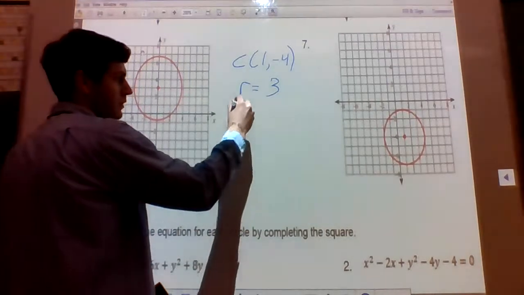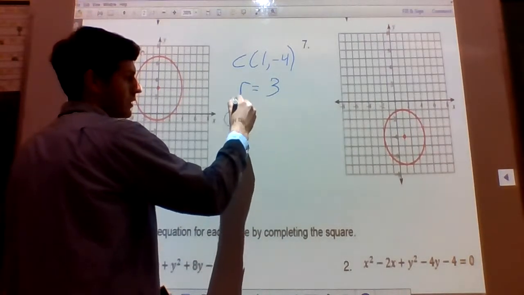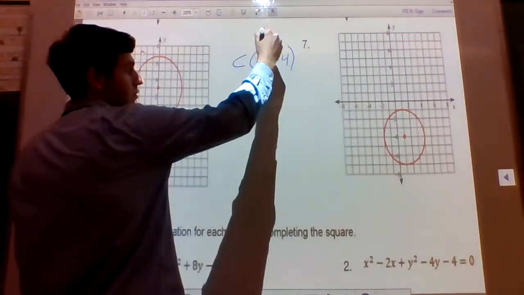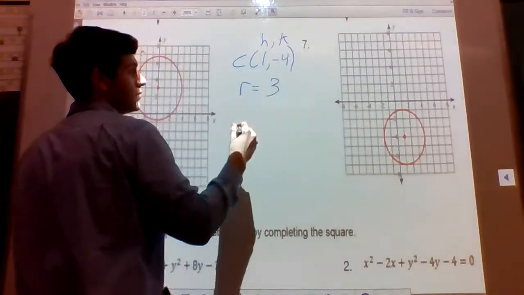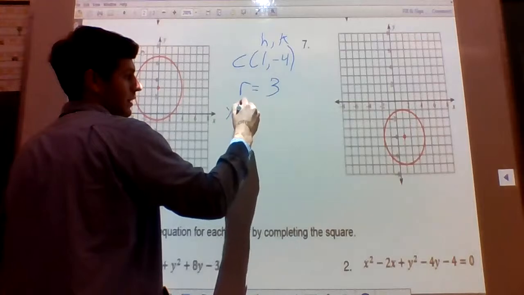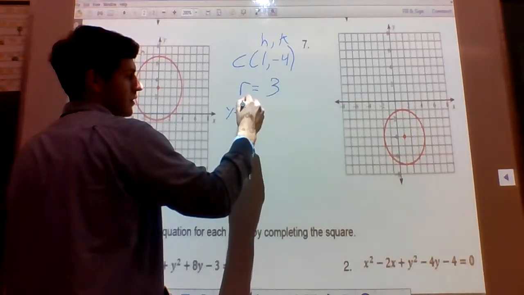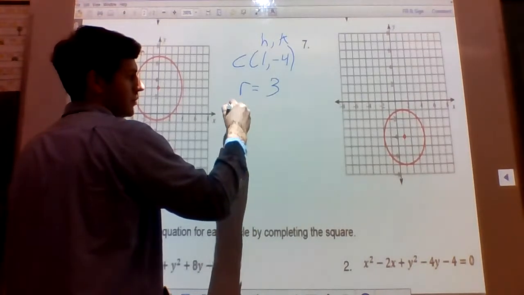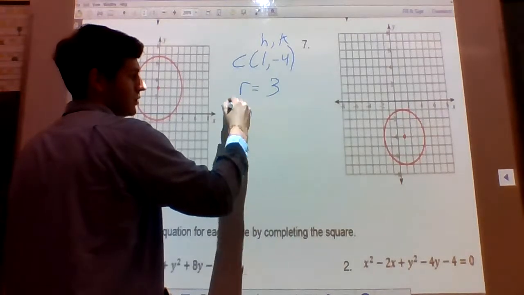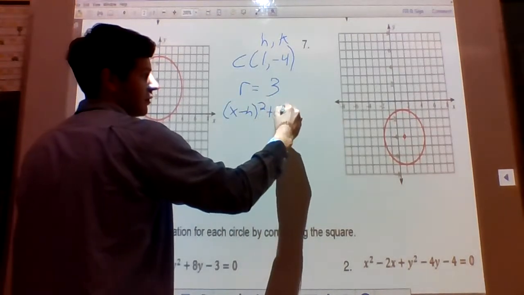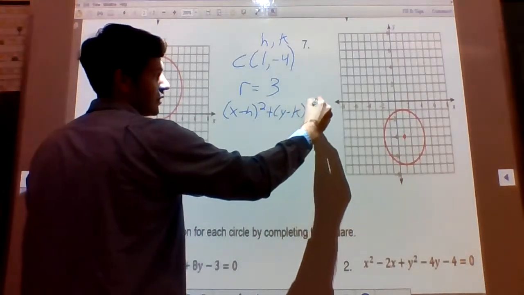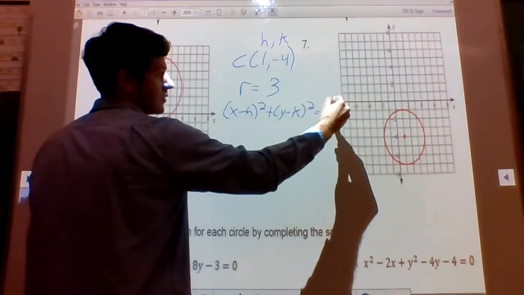So again, our equation is x minus h squared plus y minus k squared equals r squared.